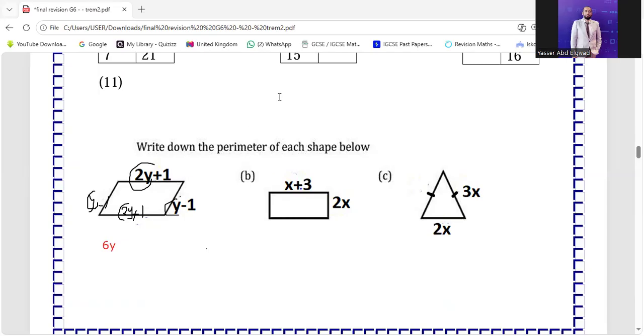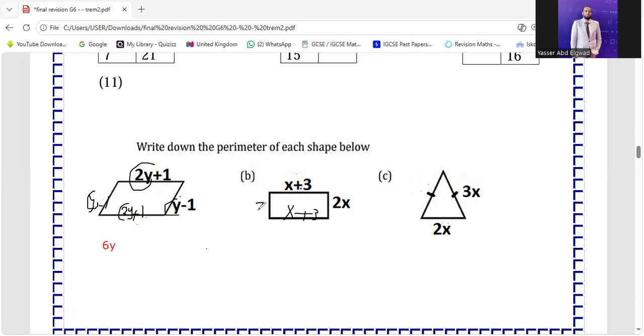The next, the same. We can do the same way, or another way: we can add length plus width and multiply by 2. Another way, you can do it as you like. Here is x plus 3 and 2x, we can add them and multiply by 2. Or we can do the same way as in the previous problem.